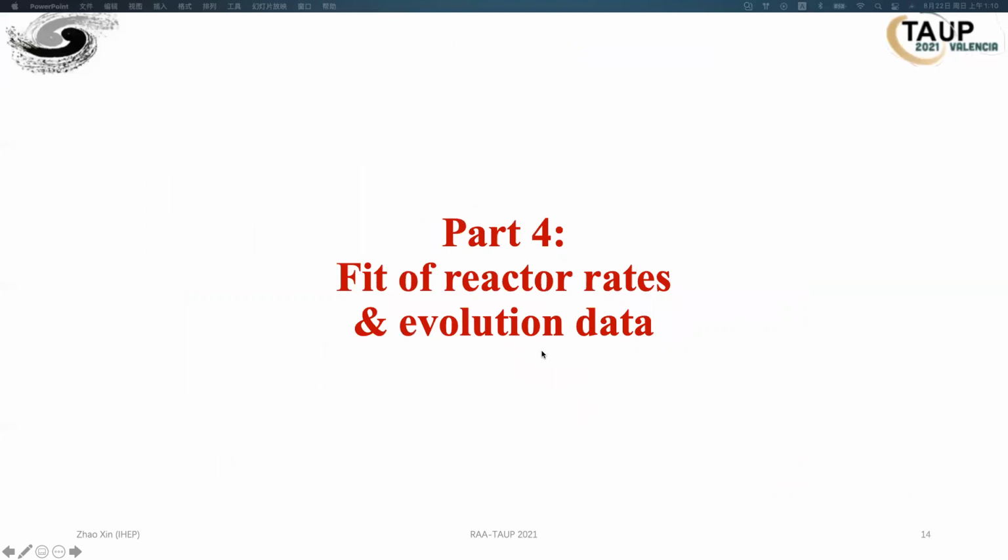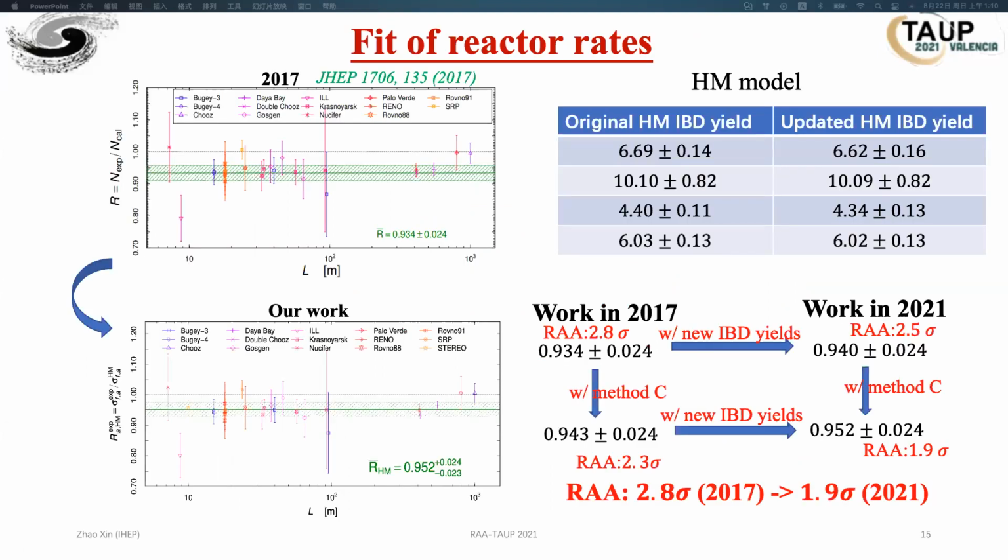Here is part 4, the fate of reactor rates and evolution data. We first fit the reactor rates, taking the Huber-Mueller model as our benchmark. The rate deficit decreases compared with the work half a decade ago.